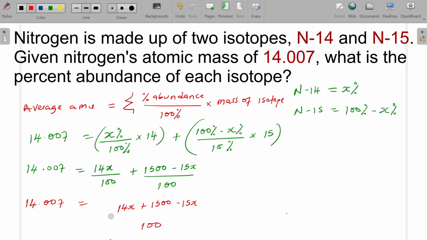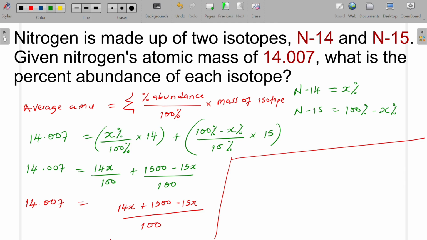So let me just write this properly. Yes, on top there we have 14x plus 1500 minus 15x, and on the left-hand side, we still have 14.007 being equal to that. So let's continue with our mathematics here.